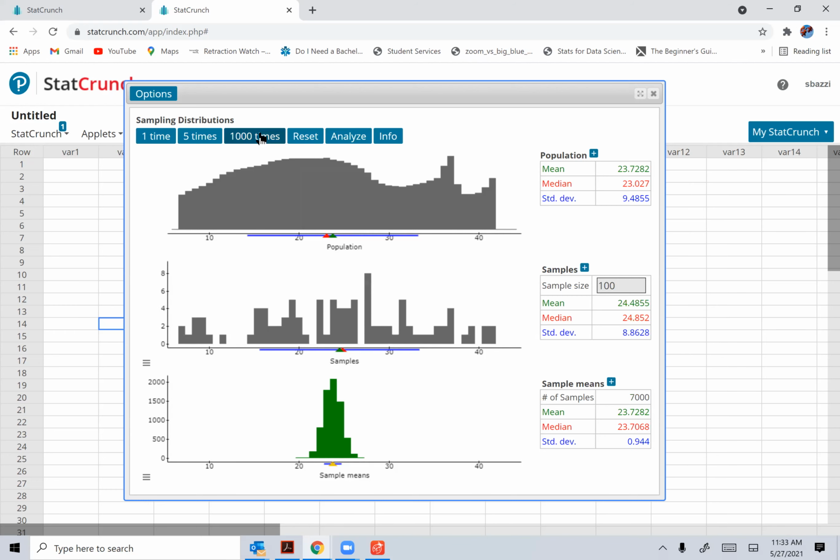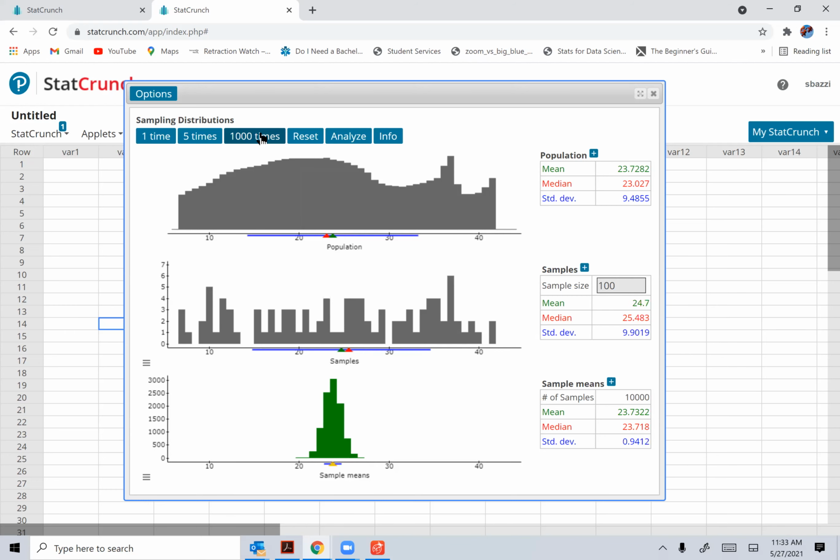Let me do 10,000 samples. Here's 10,000. Okay, guys, notice the mean of the original population is 23.73. The mean of this population is 23.73 as well.